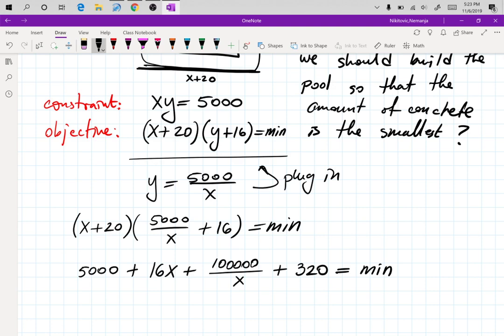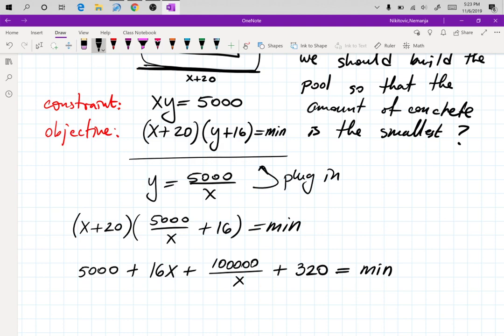So 5,000 times 2 times 10: 5,000 times 2 is 10,000, times 10 is 100,000. And 16 times 20 is 320. That number is not important, because when we hit it with the derivative, it's going to die anyway.